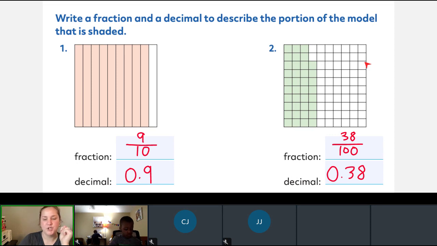Okay, let me know in the chat box when you are finished. Just type the word done, D-O-N-E, with these two problems. Okay, Jamal is finished. Austin, are you finished? Almost. Okay.